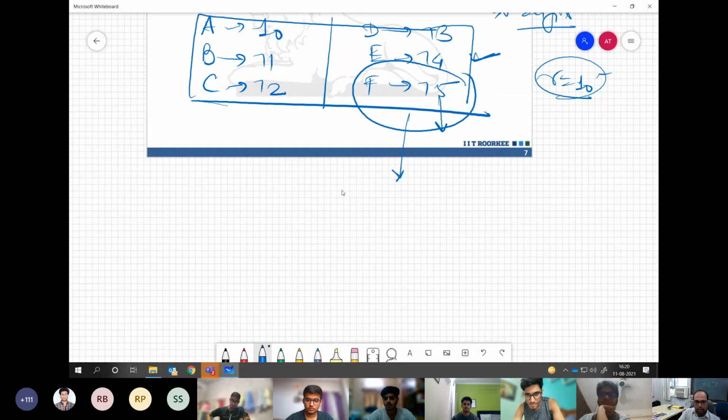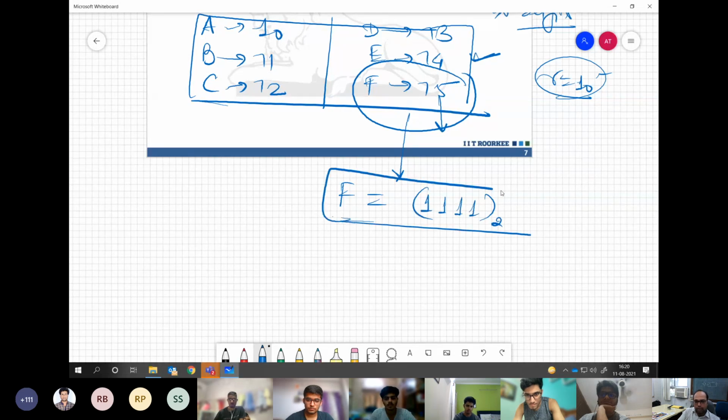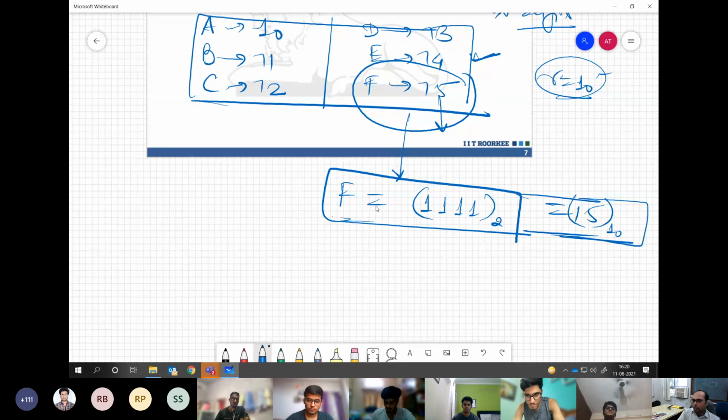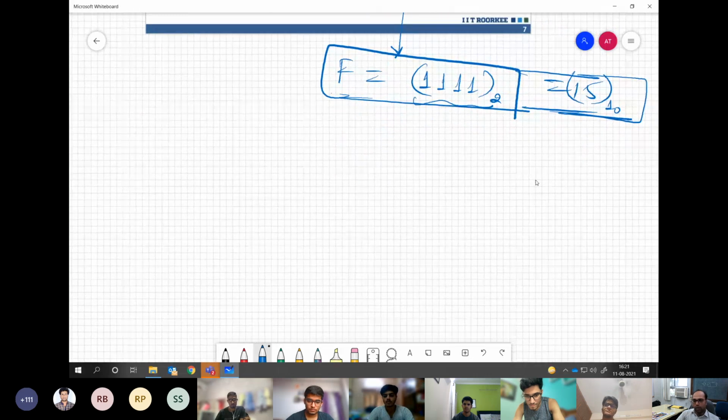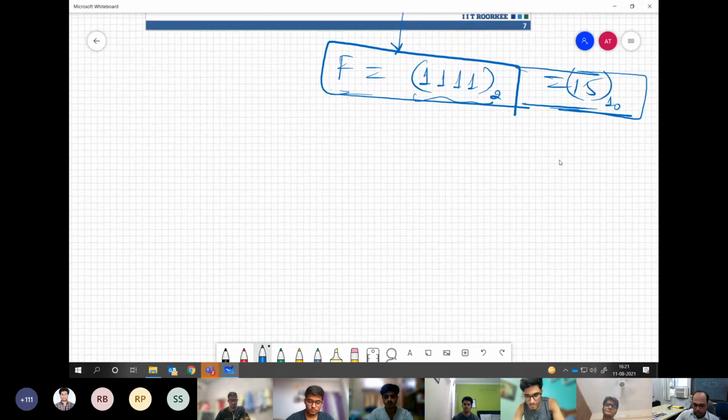F is actually 1111 in the binary system, which is equal to 15 in the absolute number sense. So we are utilizing all the 4 digits and all the possible numbers from 0 to 15 in the 4-bit position system.